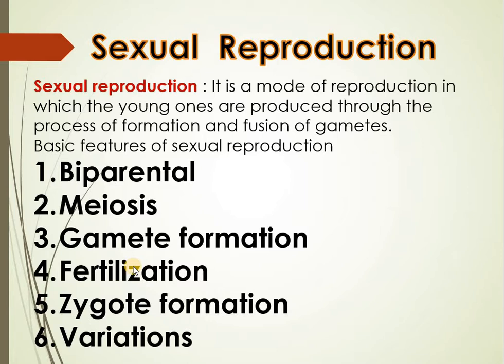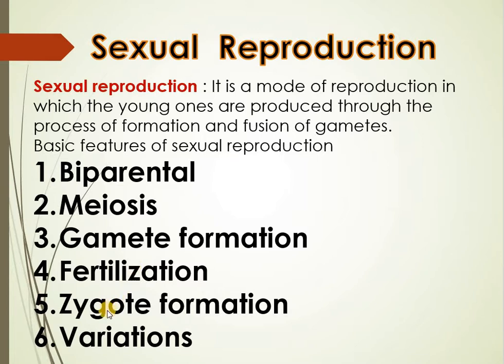Depending upon the place of fusion of gametes, fertilization can be of two types, external and internal. External fertilization occurs outside the body of the female, for example in frogs or fishes, and internal fertilization takes place within the body of the female, like in birds, mammals, reptiles, insects, etc.